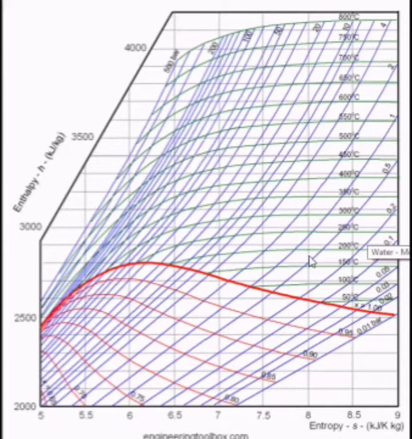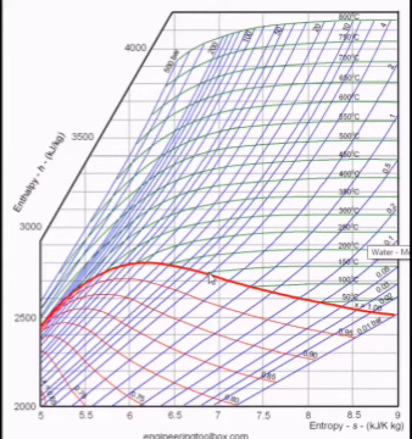So let's say you have a gas that's being cooled down, for example there's this gas here. If you have a gas at 150 degrees Celsius that is being cooled down at the same temperature, it gets cooled and cooled until it reaches the saturation line.